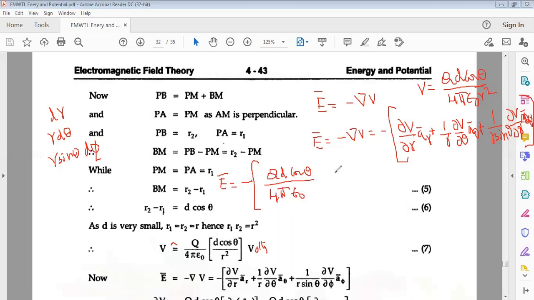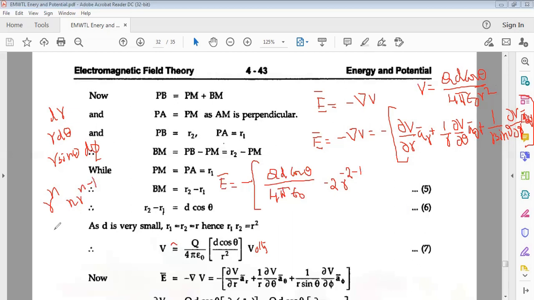R square in the denominator can be written as R power minus 2, so the derivative is minus 2 R power minus 2 minus 1. Recall that for R power n, the derivative is n into R power n minus 1.